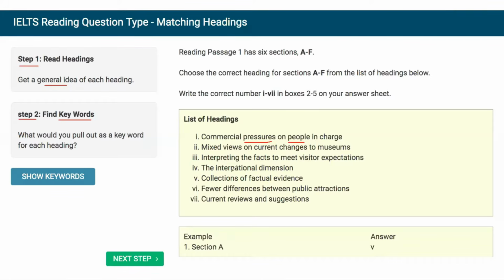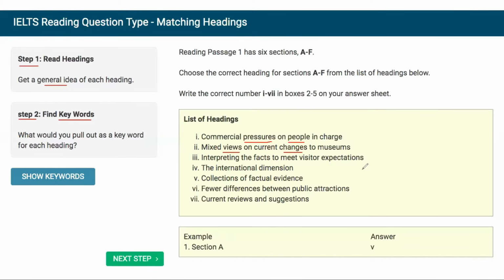Okay, number 2, mixed views on current changes to museums. Here I would say views and changes, because we already know that museums are part of the general idea, so no need to underline museums. The mixed adjective describes views, so there's no need to underline mixed, and current describes changes, so that's not necessary.